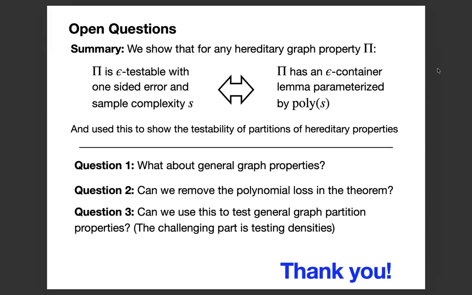Just if I allow two-sided error, can I relax?